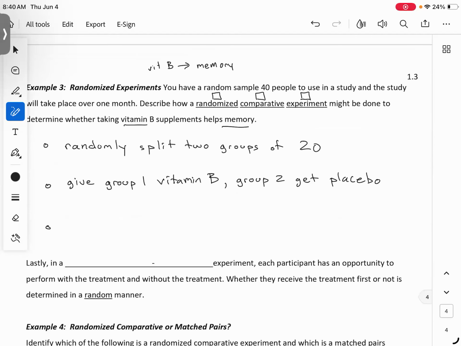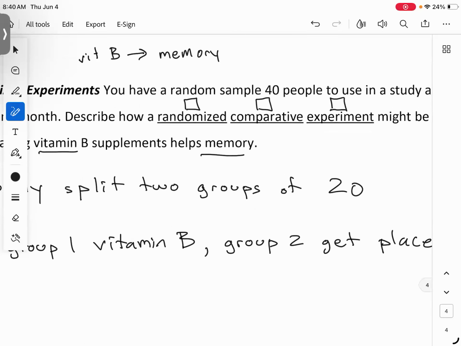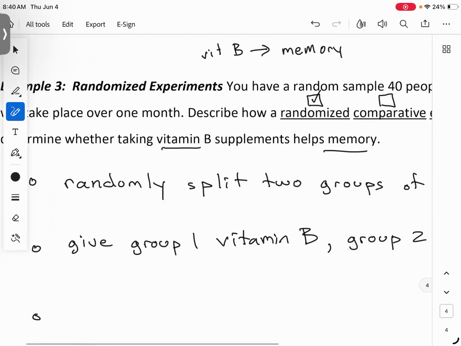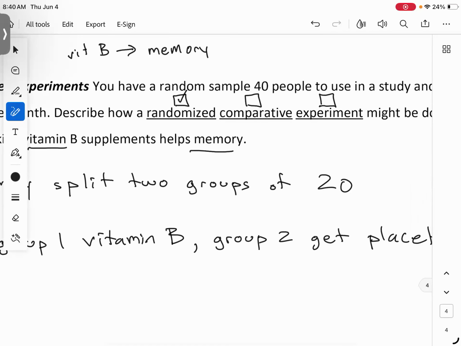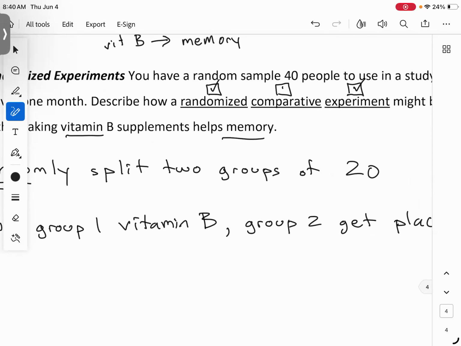Then we look at what we've accomplished. We've done the randomness because we randomly split them. This is important. You've got to make sure that you say that they're not just being split choosing however they want. You have to say you're going to randomly split them. Then we've already done the experiment part because we're controlling who's going to get the vitamin B versus who's not. And then we're going to do the comparative part.